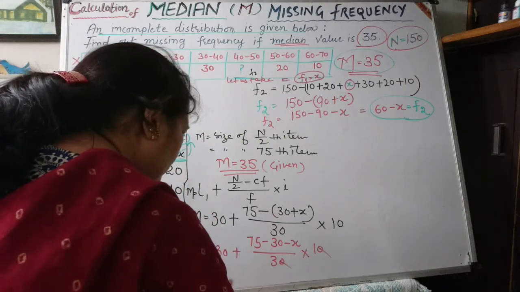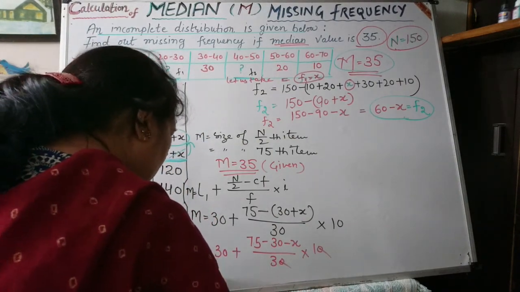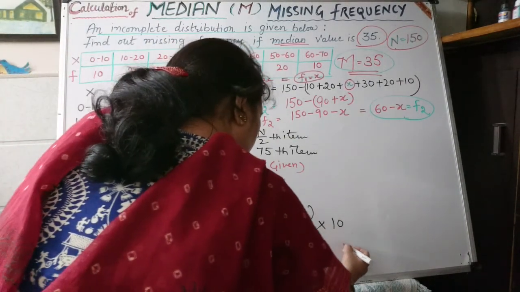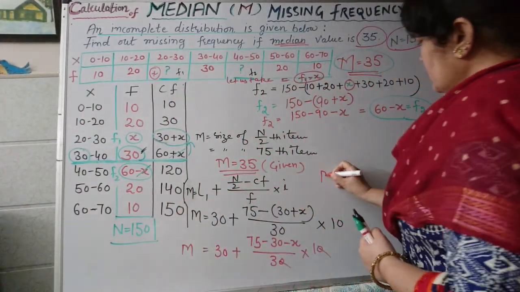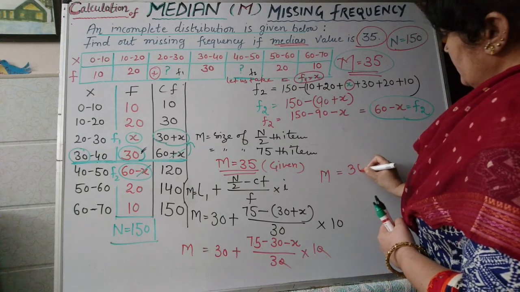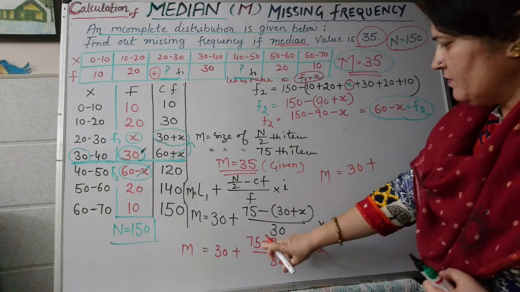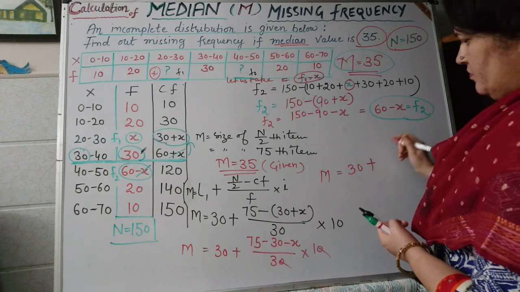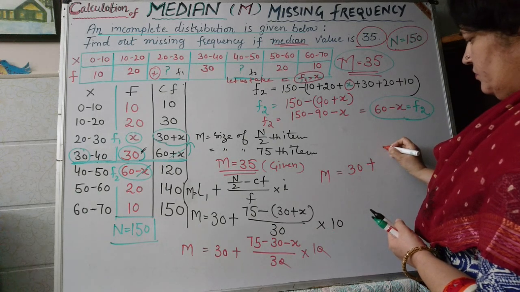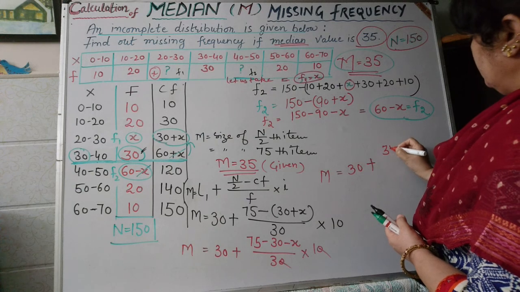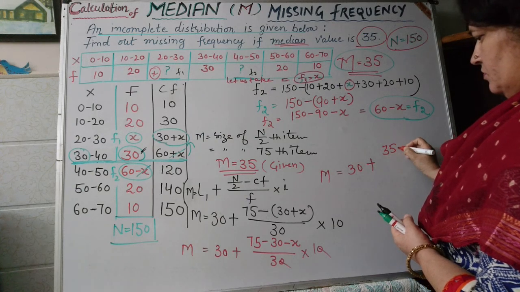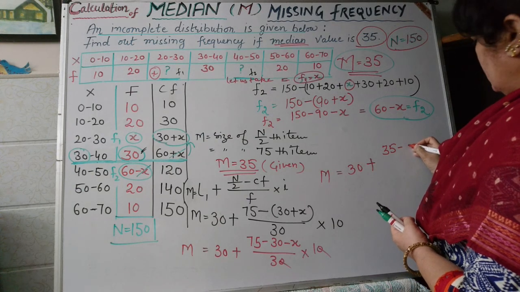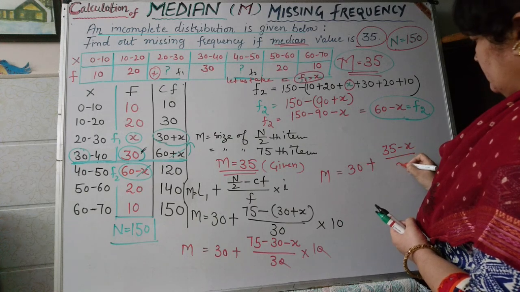So the zeros will be cancelled, and median is equal to 30 plus 75 minus 30, which is 45, minus x divided by 3.